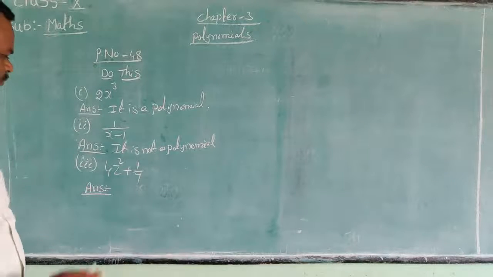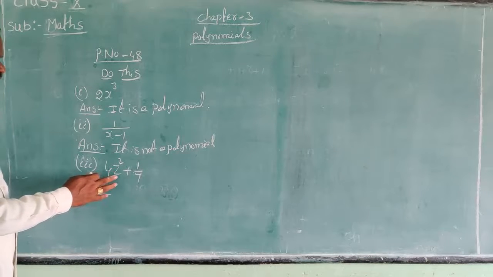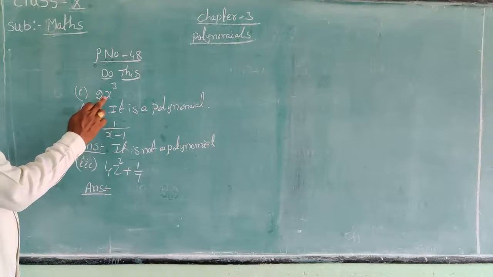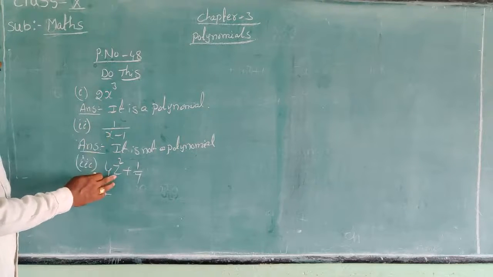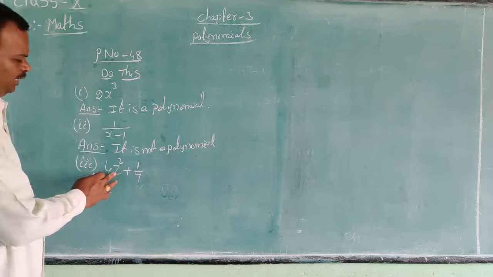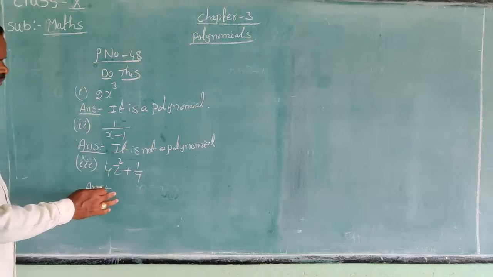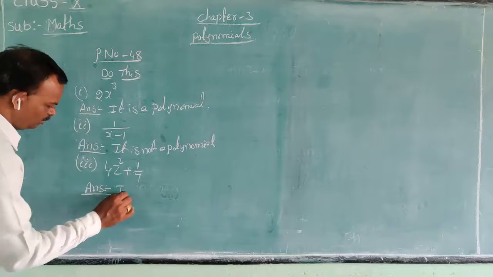See, the variable is changed to z. In the previous sum, the variable was x. Here we are taking the variable as z, and the power of z is 2. It is positive, so it is a polynomial.